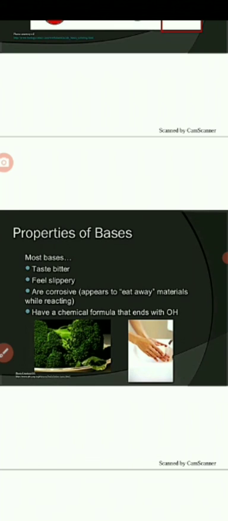When bases react with metals, it forms corrosion and rust and destroys the metal. Bases have a chemical formula that ends with OH minus ions, while acids start with H plus ions.